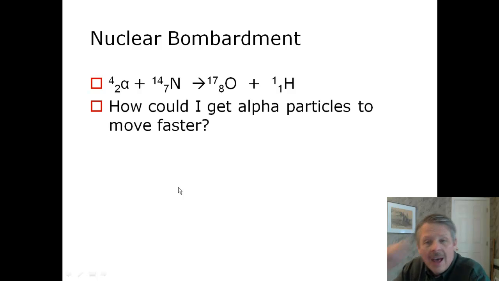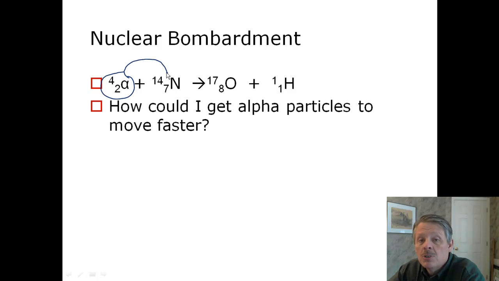So how could I get the alpha particles to move faster so they overcame that repulsive force? How could I take this alpha particle, which is all protons and neutrons, and somehow speed it up to hit this nitrogen? Well, I could do it a few ways. One way is temperature.